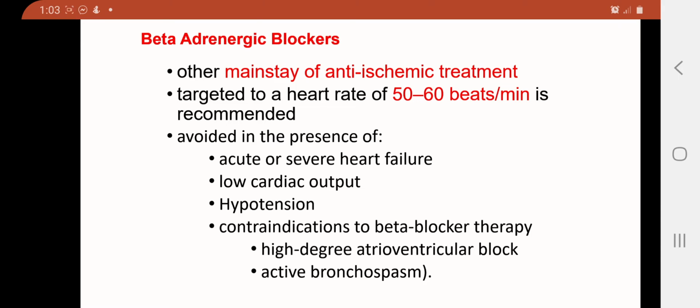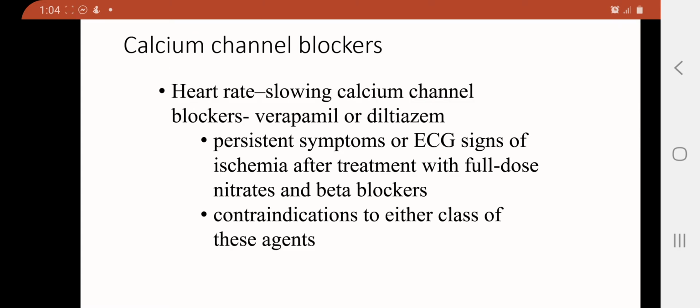Other mainstay for ischemic treatment is your beta blockers. It's used to target the heart rate of 50 to 60 beats per minute. It's avoided again in acute or severe heart failure, low cardiac output, hypotension, high degree AV block, just like the second degree, third degree AV block, or PR interval more than 0.24 seconds, and active bronchospasm.